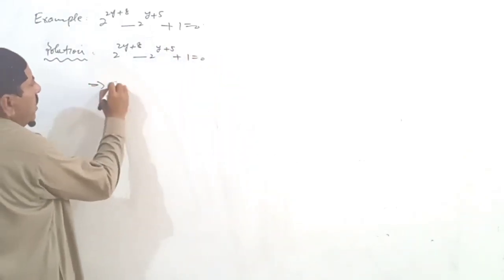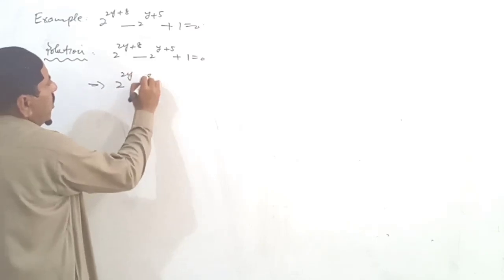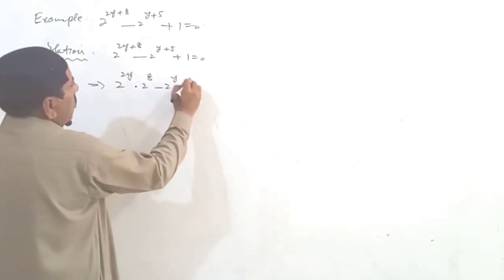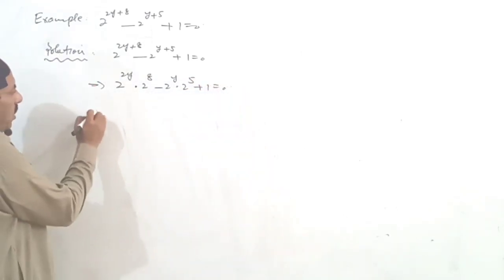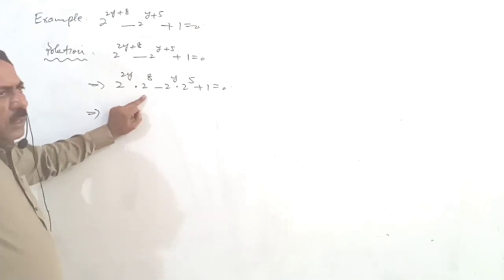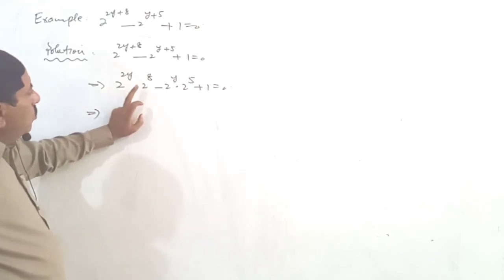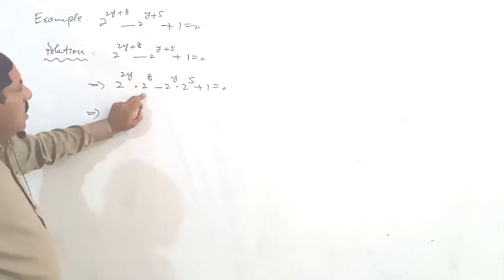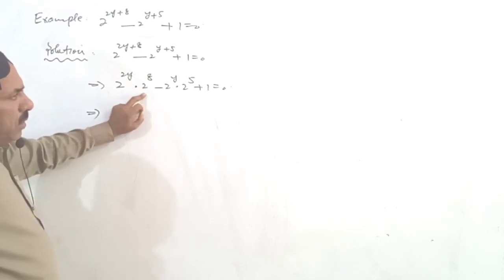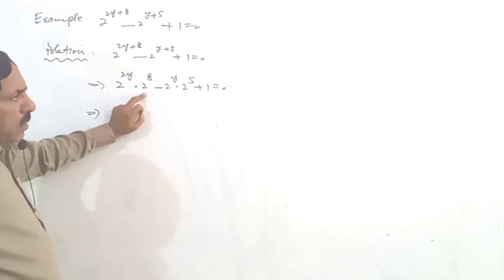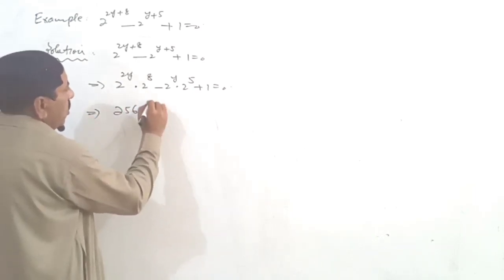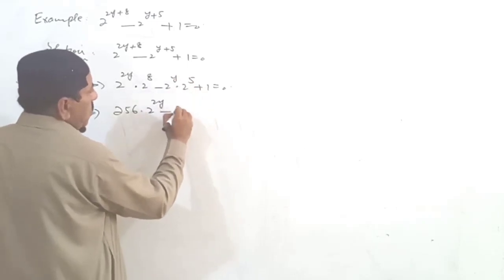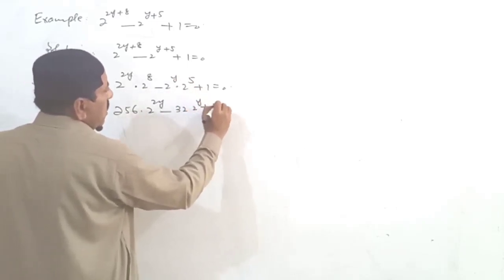We can also write this equation as 2 power 2y into 2 power 8 minus 2 power y into 2 power 5 plus 1 is equal to 0. 2 power 8 is 256, and 2 power 5 is 32. This will be 256 into 2 power 2y minus 32 into 2 power y plus 1 is equal to 0.